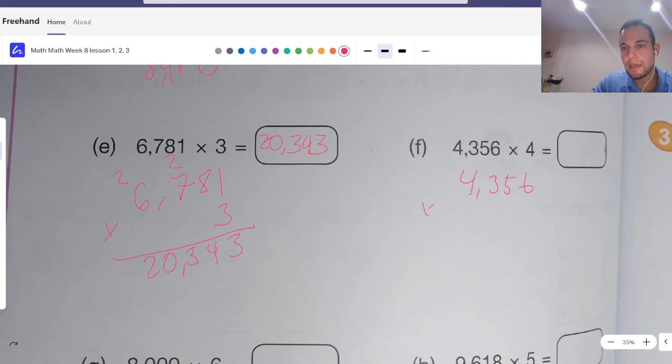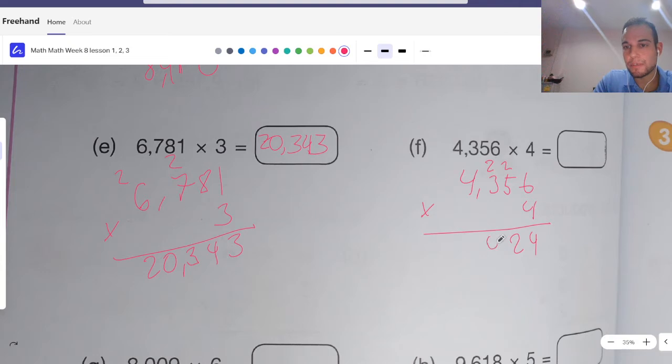All right. Next up is 4,356 times 4. 4 times 6 is the same as 8 times 3, 24. So 4 here, 2 here. 4 times 5 is 20. 20 plus 2 is 22. Carry the 2. 4 times 3 is 12.